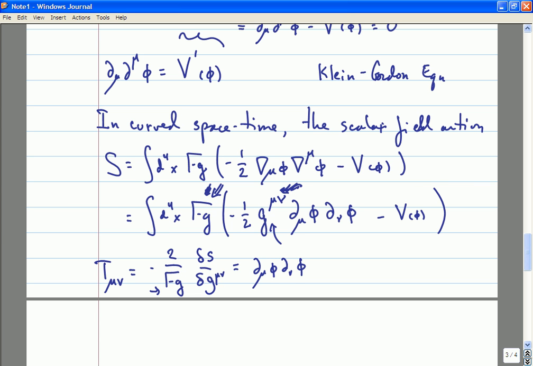And what do we get? We get minus 1/2 g mu nu times the Lagrangian itself, times minus 1/2 d mu phi d nu phi minus V. That minus 1/2 g mu nu out front just came from our friendly formula for the variation of root minus g under a variation of the metric.